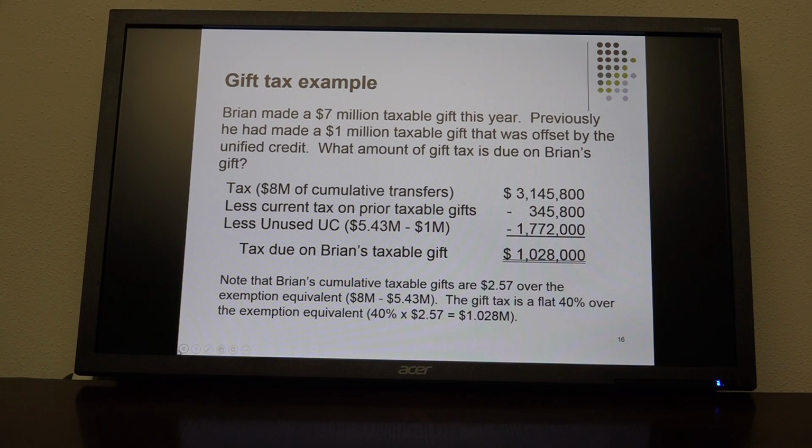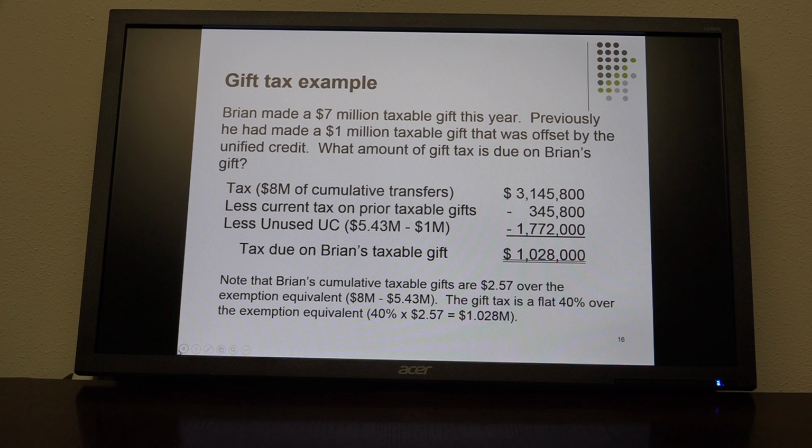They use the unused unified credit, and they deduct that and the current tax on prior taxable gifts from the, I guess what you would call the tentative tax of $3,145,800, and the excess is $1,028,000.